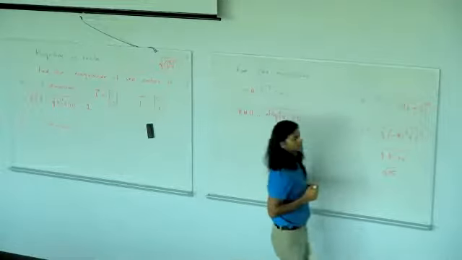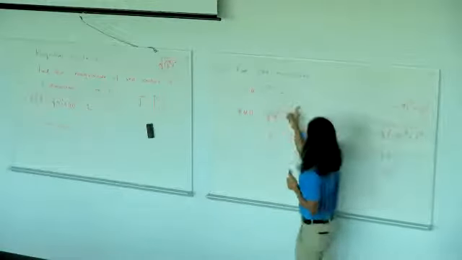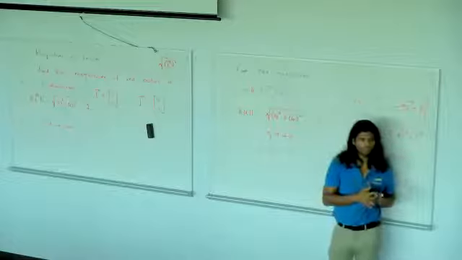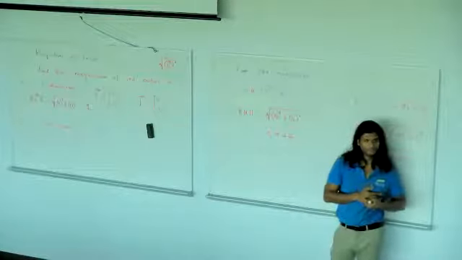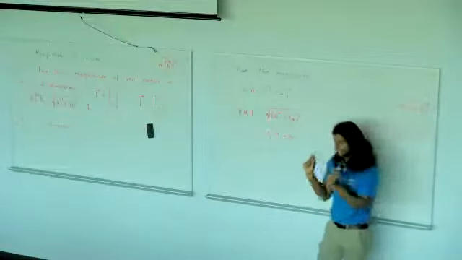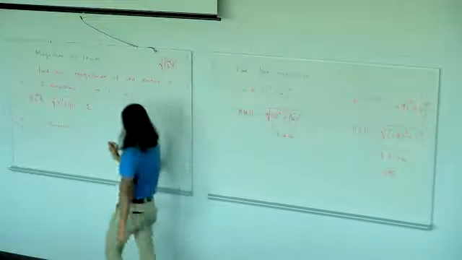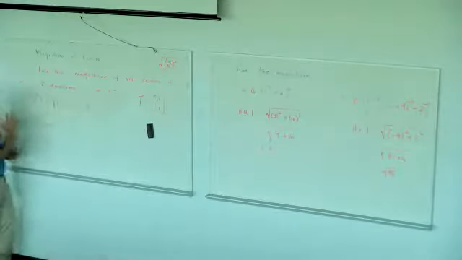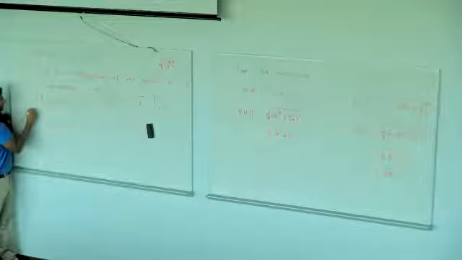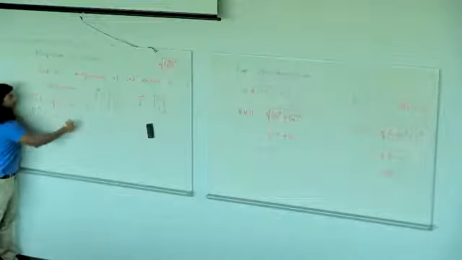Even here, did I use I and j inside the square root? I did not. All I looked at was the number. Oh, here. J vector. Square root.